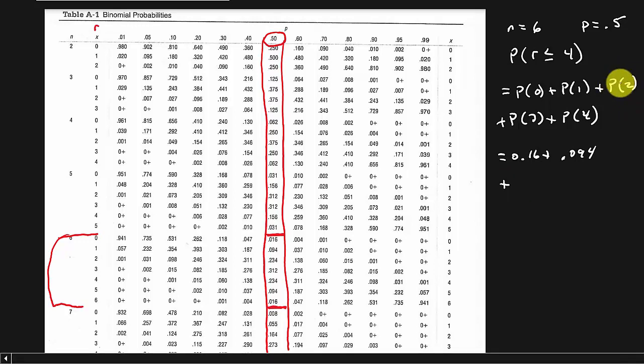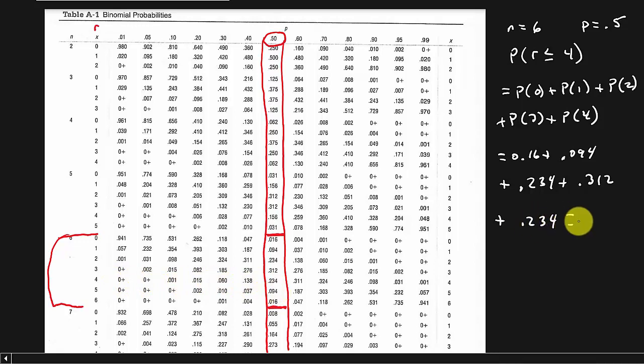And then when r is 2, that's 0.234, plus when r is 3, that's 0.312, plus when r is 4, we come over and that's 0.234.